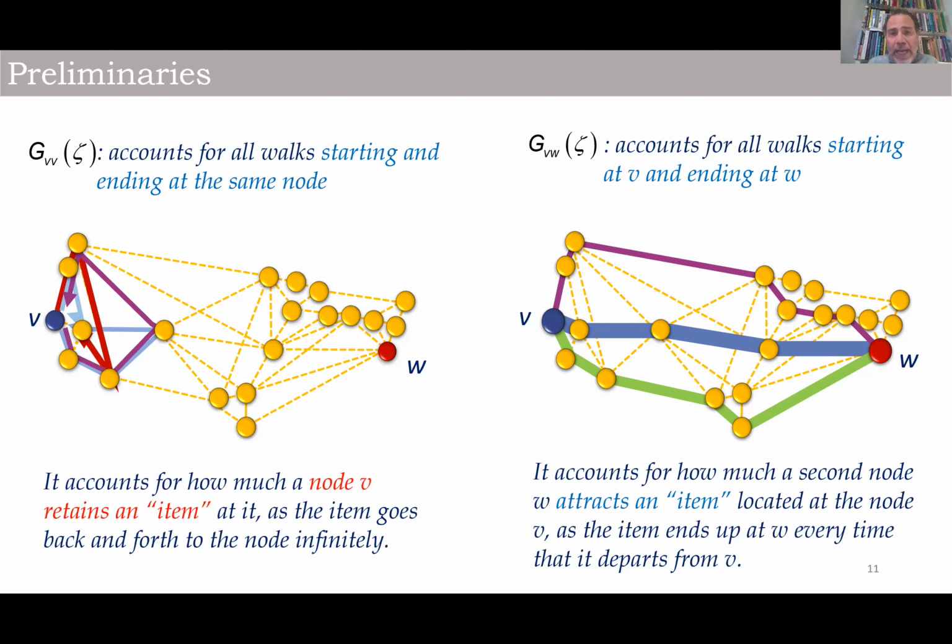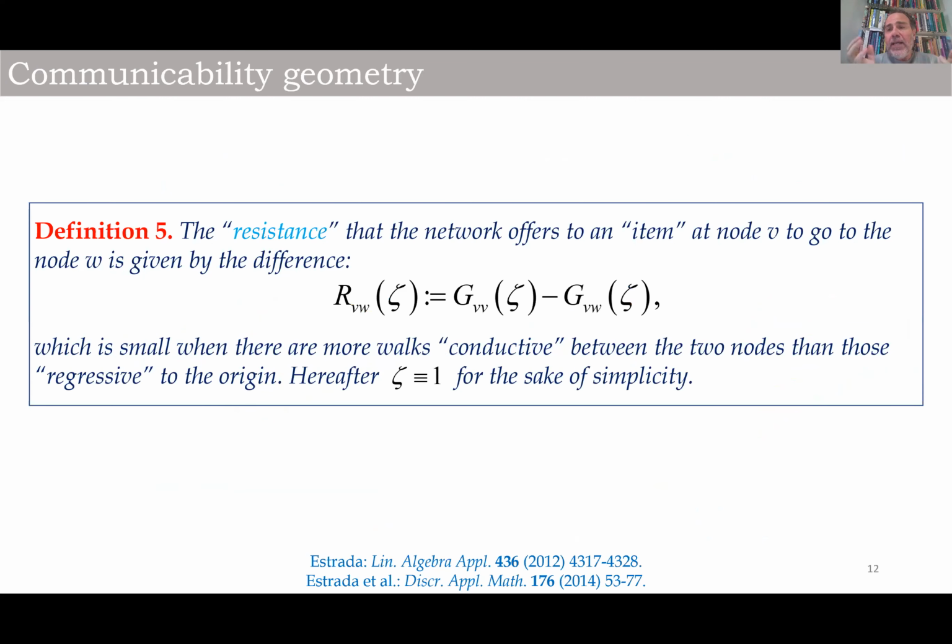So we can then consider that this difference between information retained and information transmitted is a sort of resistance that the global network puts on the transmission of information between one node V and another node W.